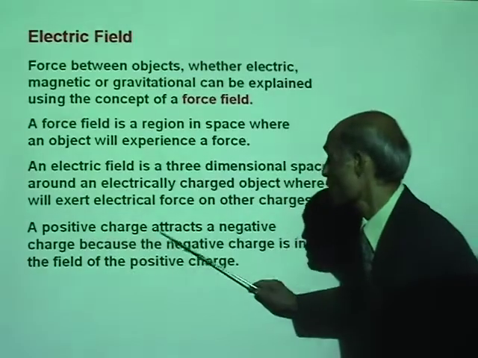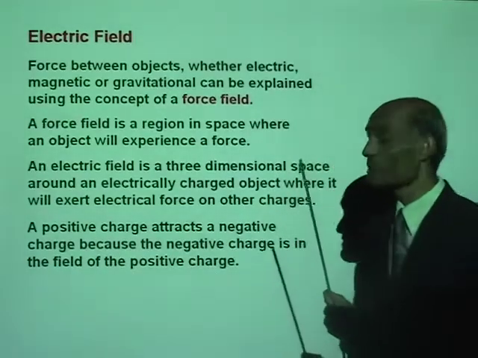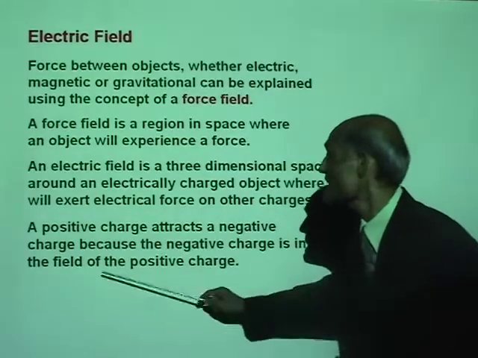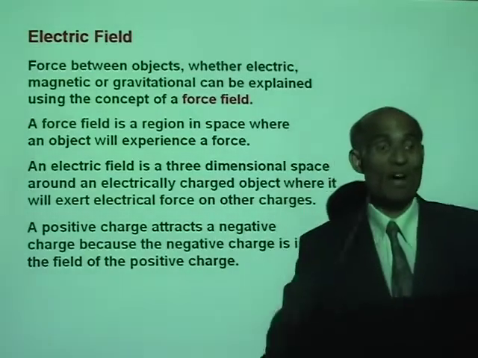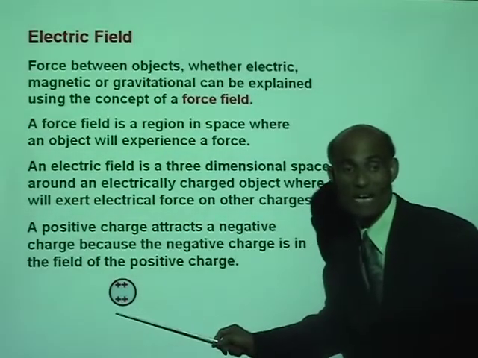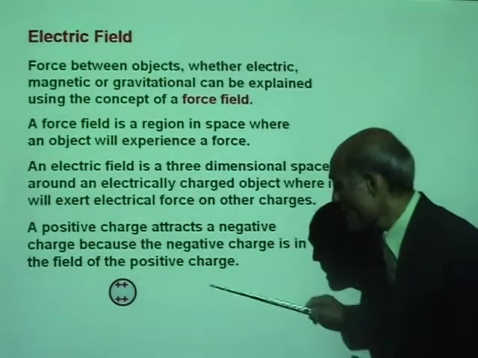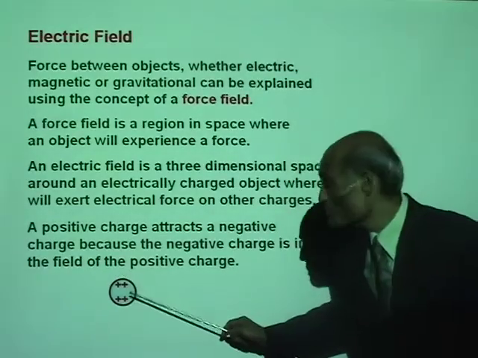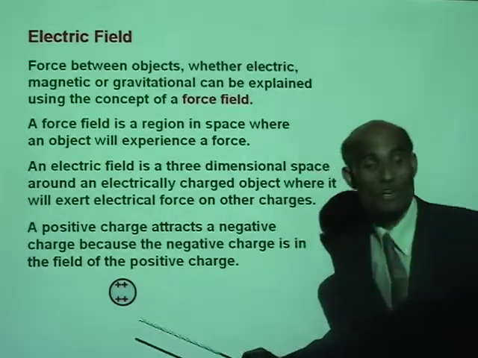A positive charge attracts a negative charge because the negative charge is in the field of the positive charge. Look at this. I have a positive charge here. That means anywhere around it you place another charge, this will exert a force on it.